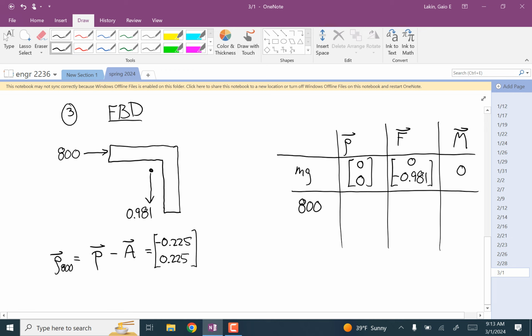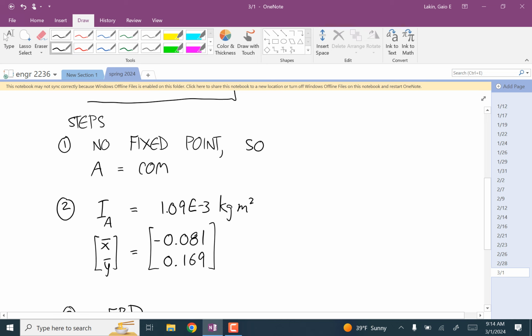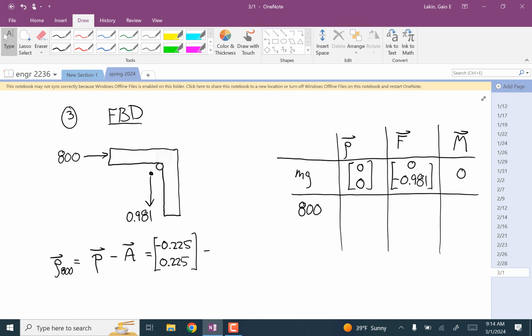Anybody want me to clarify anything on that? Are you with me on that? And then we're going to subtract the coordinates of the about point, which I listed here. So minus 0.081, minus negative 0.081, positive 0.169.